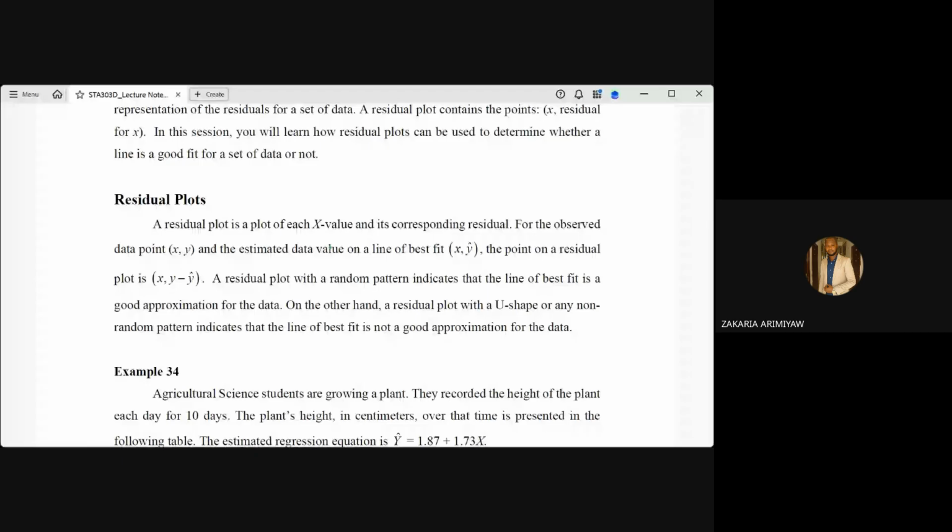So nonlinear, we may have a quadratic regression model or a cubic regression model. In general, polynomial regression model. So that is if you have a U shape. But any other specific pattern tells you that the regression model is not providing a good fit. So that is the point we are putting across.